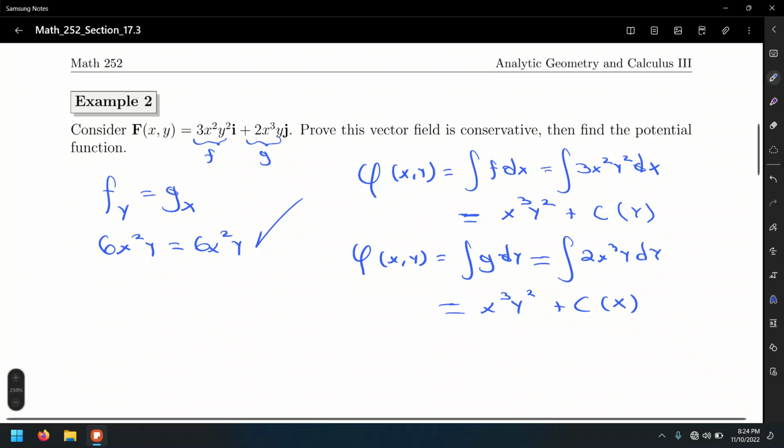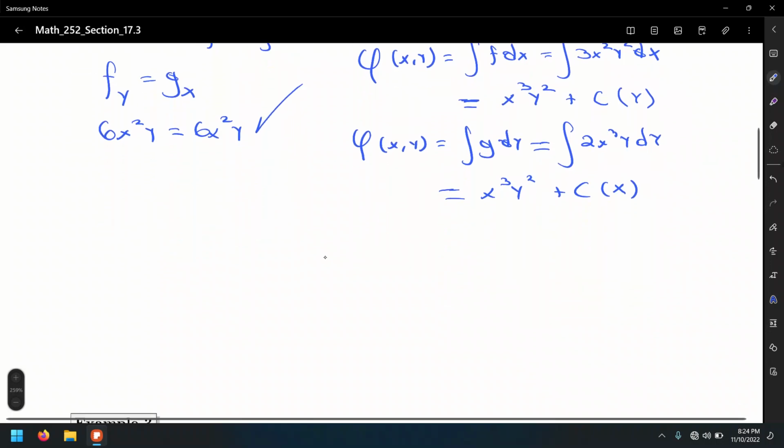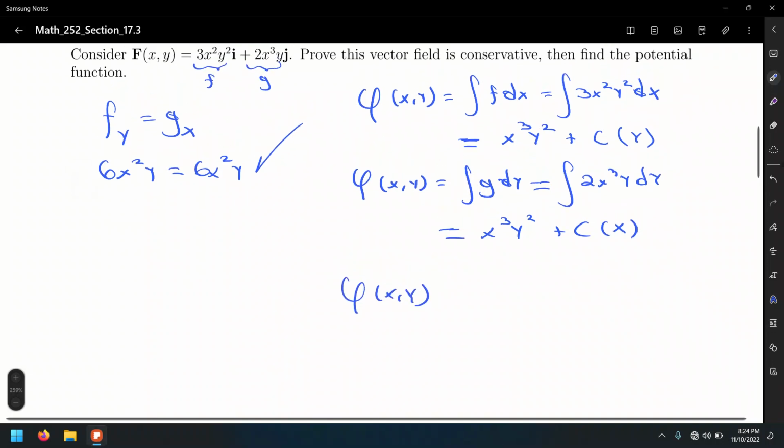All right. So to write the potential function phi of x, y, we need to observe everything that we got over here. Number one, do you see the repetition, x cubed y squared, x cubed y squared? Well, that's our potential function, x cubed y squared.